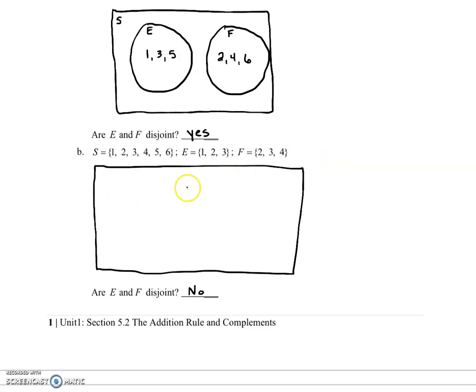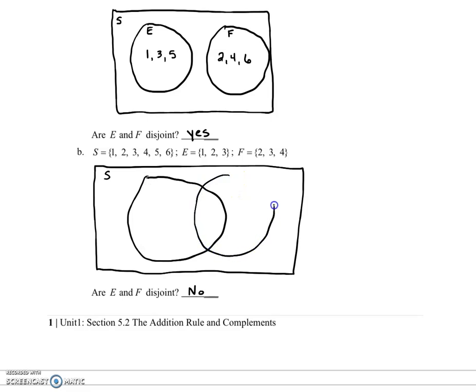So if this is S, we draw our E, we draw our F. So here's F, here's E. So E is 1, 2, and 3, and F is 2, 3, and 4. Since 2 and 3 are in both of them, we put the 2 and the 3 in the section that overlaps. Since 1 is only in E, we put it in the part that's just E, where it's not overlapping with F. And the same thing for 4 in the F.